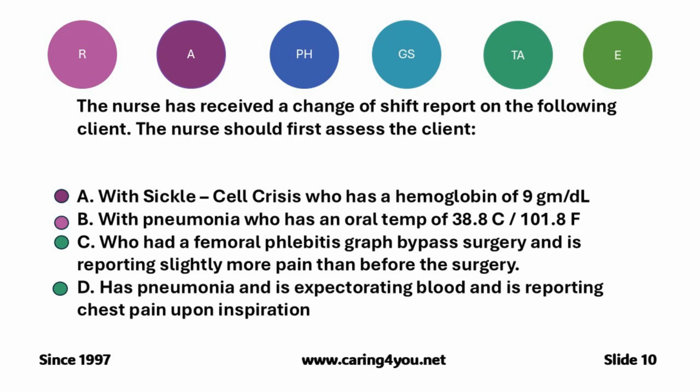So now we're left with C and D. Both of these answers need us to take action. But which one do we pick first? Well, if we look at D, has pneumonia and is expectorating blood and is reporting chest pain upon inspiration. Well, this, albeit not good, is still signs and symptoms of pneumonia, right?